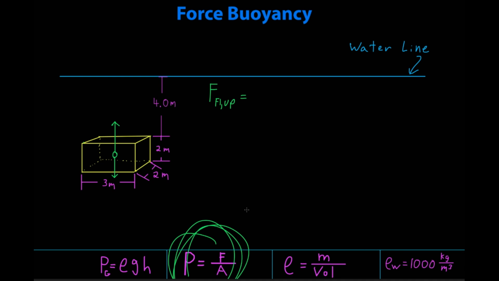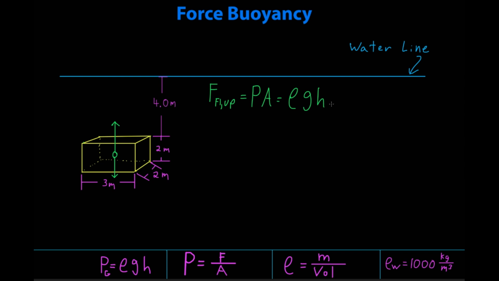Looking at our pressure equation down here, that force is going to be pressure times area. And the pressure is going to be rho g h, times area. We are still using water, 1,000 kilograms per meter cubed. G is still 9.8 meters per second squared.